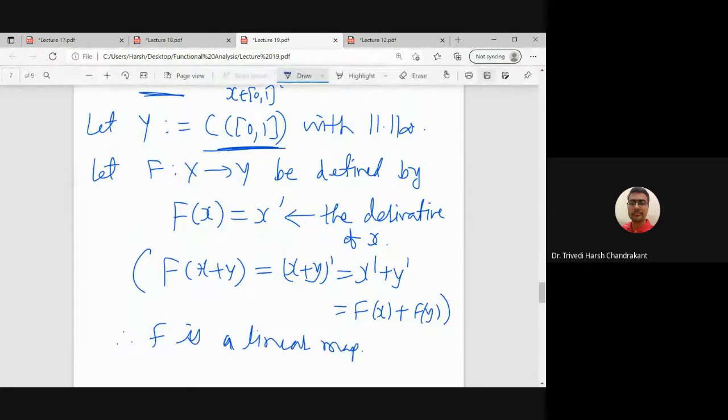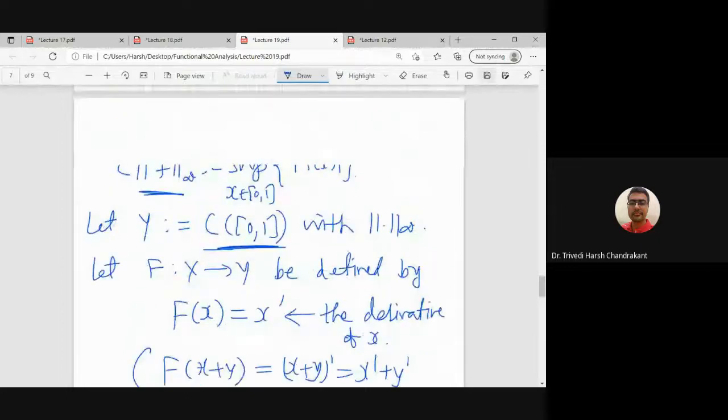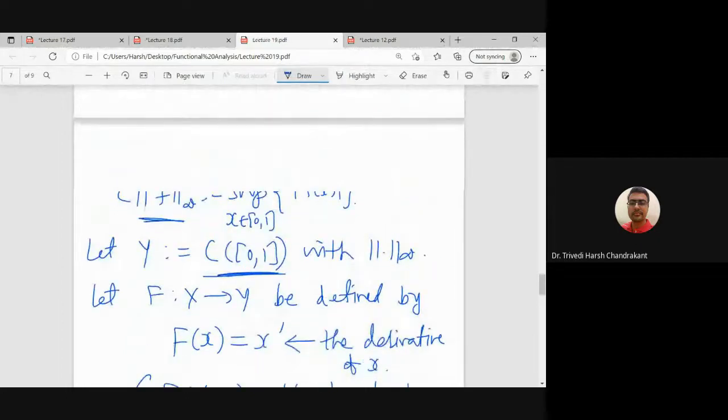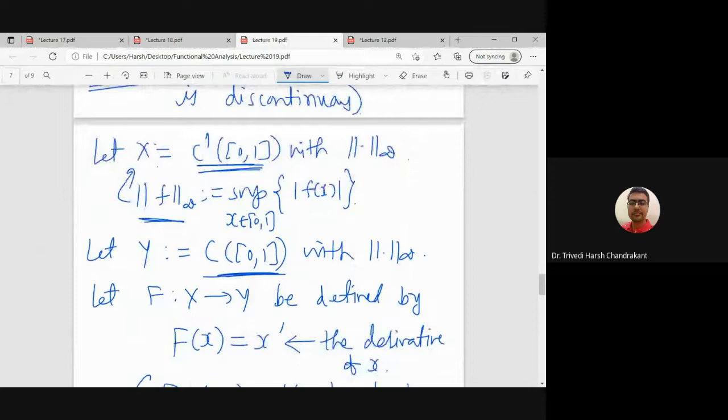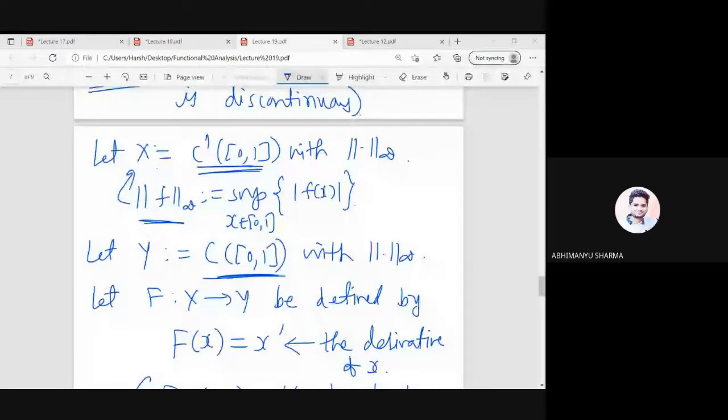Okay. So now, what are the simple examples of functions which are differentiable? All the polynomial functions, sin x, cos x, and all that.